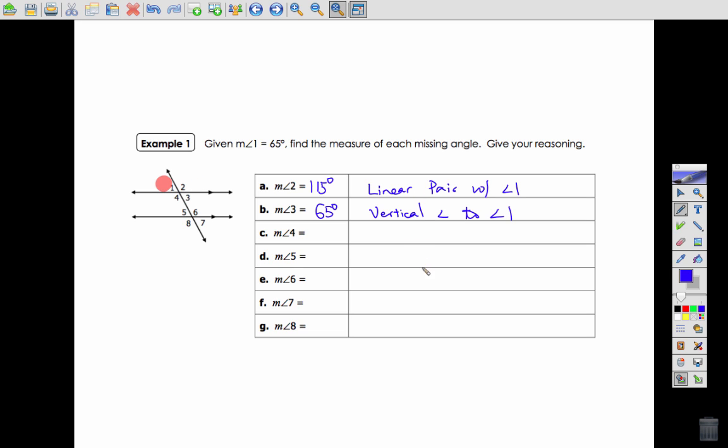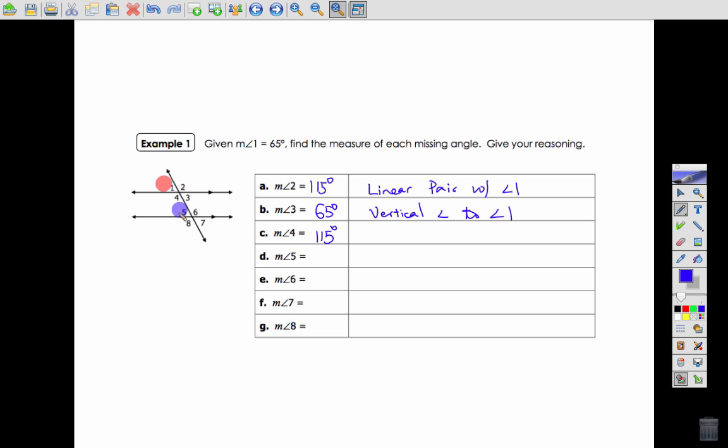So you can keep going. I'm not going to list all the reasons, but you should in your paper. Angles 2 and 4 are vertical angles, so 4 is 115 degrees. Now, also pay attention to the relationship between angle 1 and angle 5.